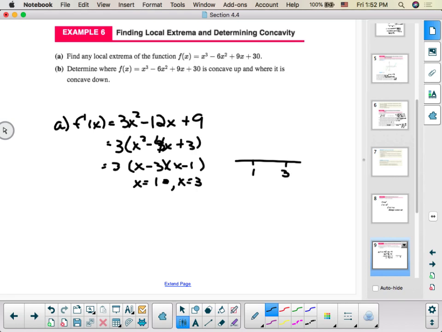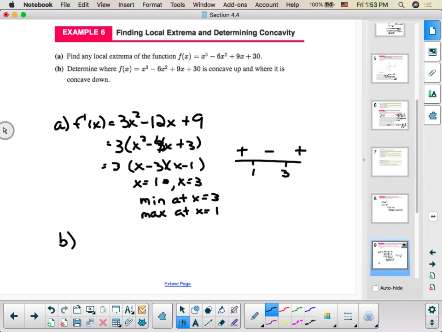And we have negative, negative, which gives us a positive, negative, positive, positive, positive. So then we know we have a min at x equals 3, max at x equals 1. And again, to justify those, if it said that we had to justify it, we'd have to explain that we had that sign change, or that change from increasing to decreasing at 1, decreasing to increasing at 3.